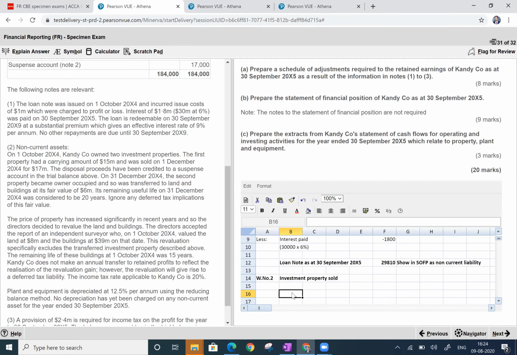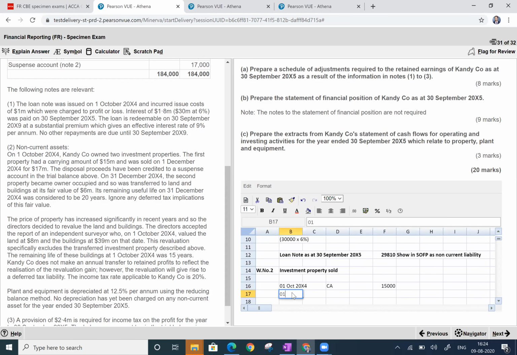They stated that on 1st October X4, Candy owned 2 investment properties. The first property had a carrying amount of 15 million and was sold on 1st December X4 for 17 million. Disposal proceeds, that's all. So on 1st October 20x4, what's the carrying amount? The carrying amount is 15 million, that is 15,000.